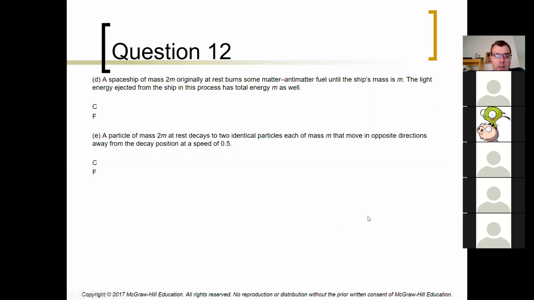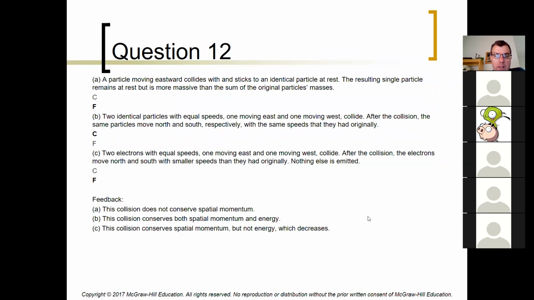All right, so let's start with this one. A does not conserve forward momentum because we start off with something moving, it hits something, it stops, the other thing doesn't move. So clearly the linear momentum was not conserved.